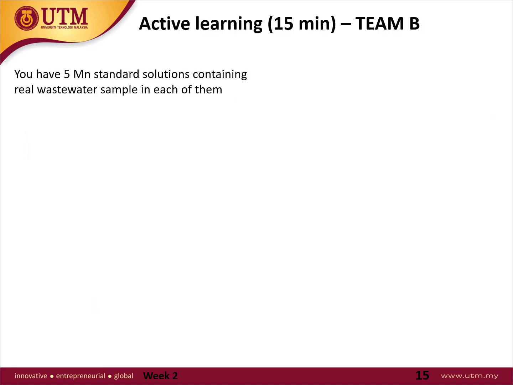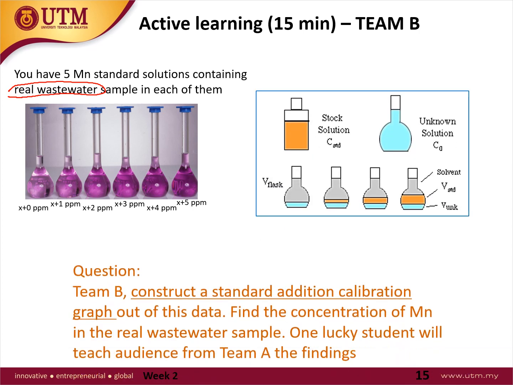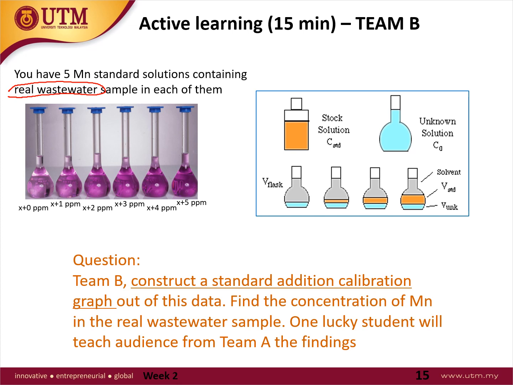And then team B, you have 5 manganese standard solutions containing real wastewater. When the words real wastewater come in, you can imagine it is going to be a standard addition graph. So team B, construct a standard addition graph from this data and find out how much X is. X is the manganese.